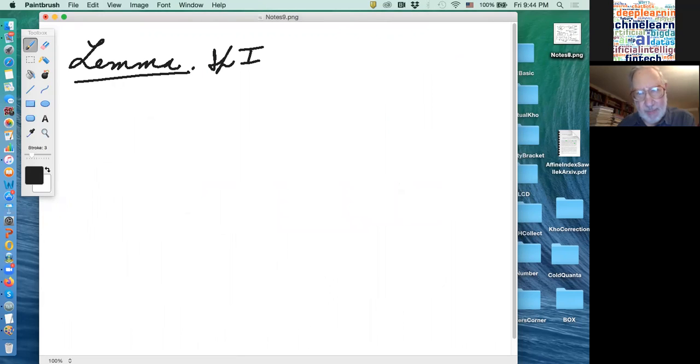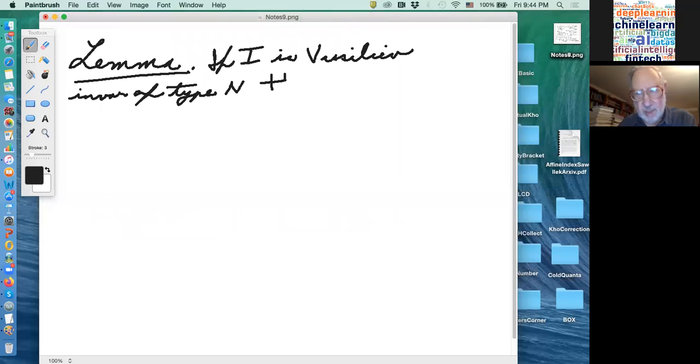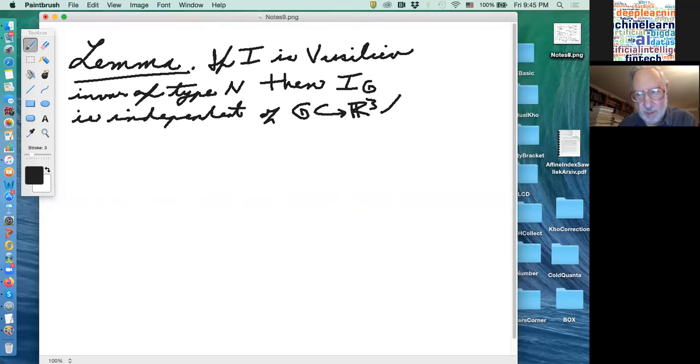If I is a Vasiliev invariant of type n, then I of G is independent of the embedding of G into 3-space for G with exactly n nodes.